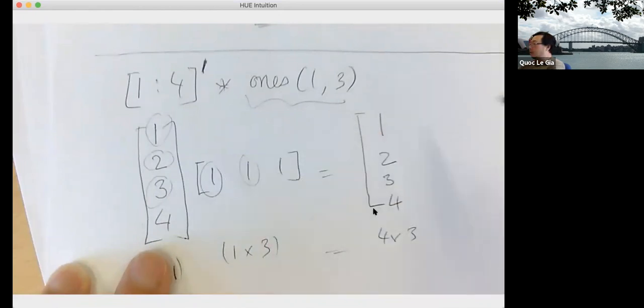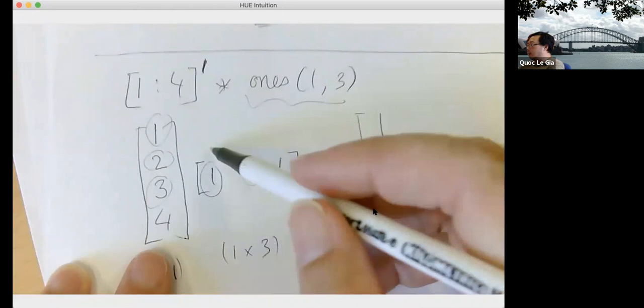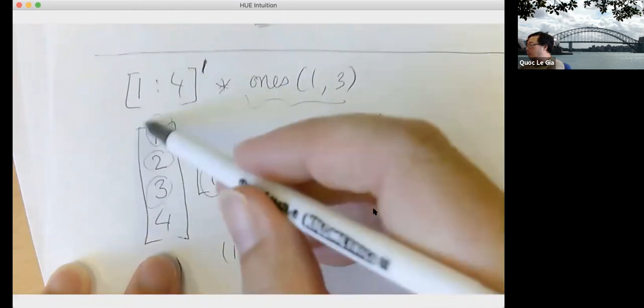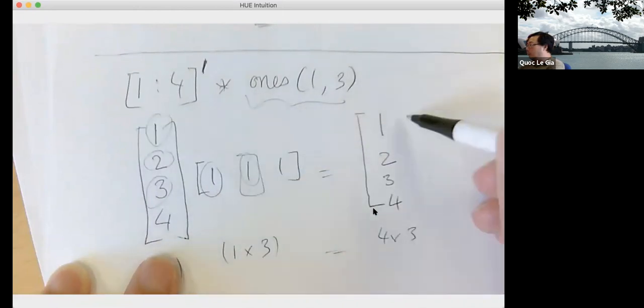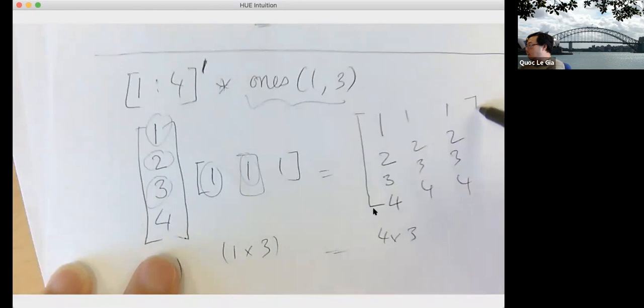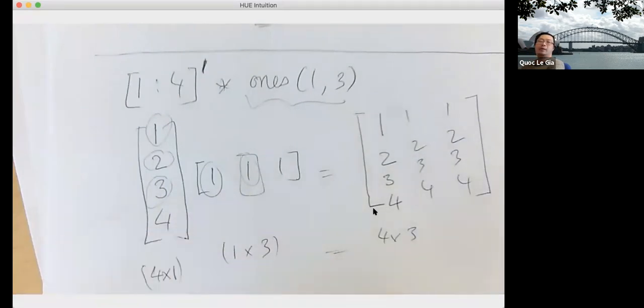You do the same with the second column: 1, 2, 3, 4, and the same for the third, 1, 2, 3, 4. So this is a 4 by 3 matrix, and this is the correct size.